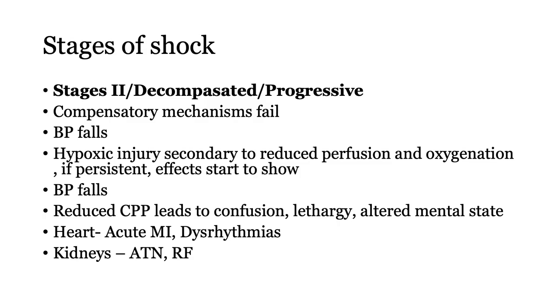There will be reduced cerebral perfusion pressure leading to confusion, lethargy, and altered mental state. In the heart, we shall see acute myocardial infarction because of ischemia to the heart muscle, then we shall see arrhythmias. In the kidney, there will be acute tubular necrosis, which will eventually lead to renal failure.